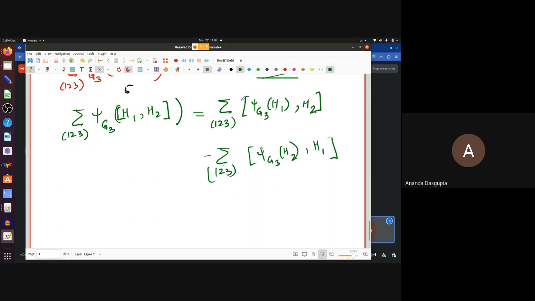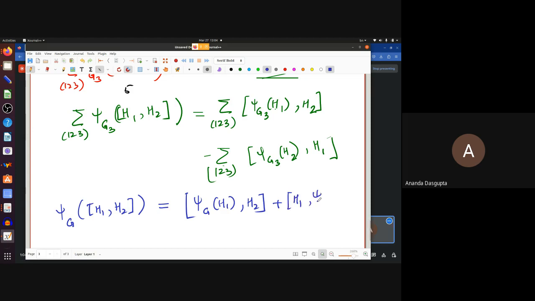So, what this really tells you is, let's say G3 is any element G, doesn't matter. Bracket with H1, H2. In order that the Jacobi identity be satisfied, you must have this: psi G of the bracket H1, H2, plus, what? You want to make it a plus?